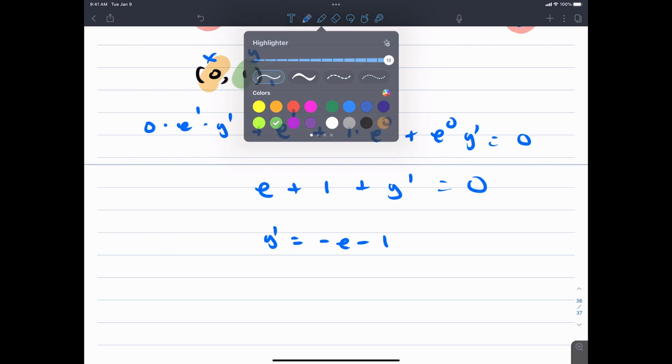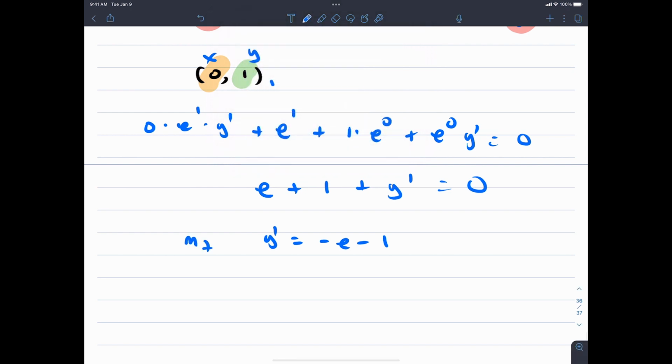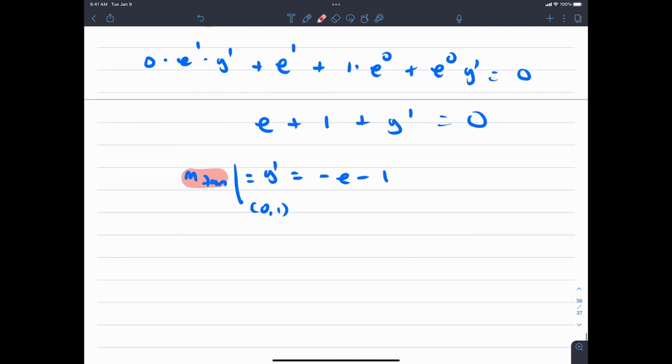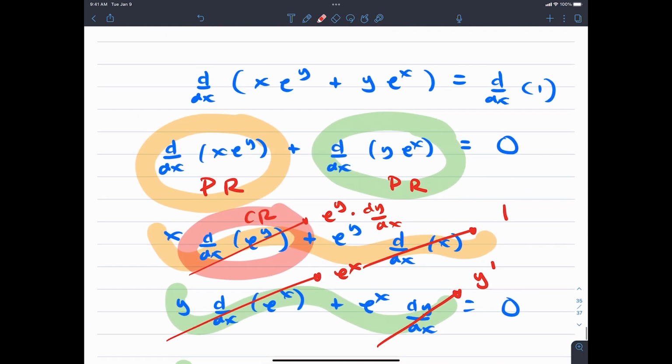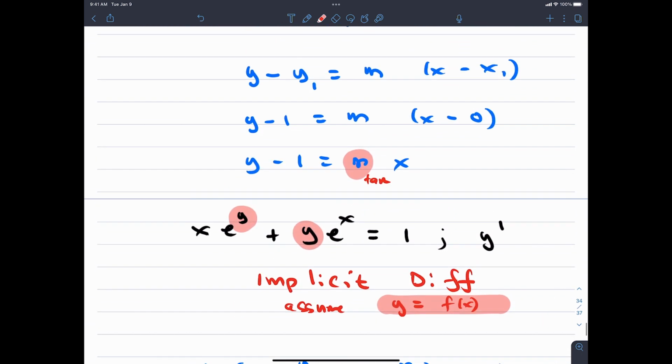And more than that, that's m, the tangent slope evaluated at the location 0, 1. Okay? This is what you're looking for. It's the derivative, if you guys remember, at that location. So that's minus e minus 1. So what do you do now? What do you do with this? This is minus e minus 1.